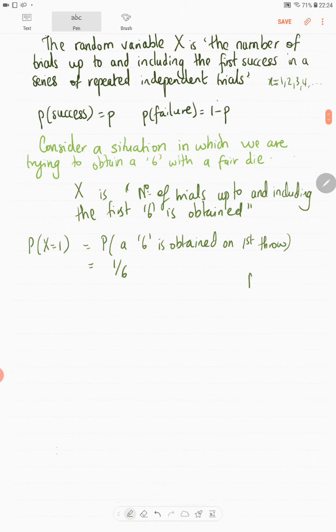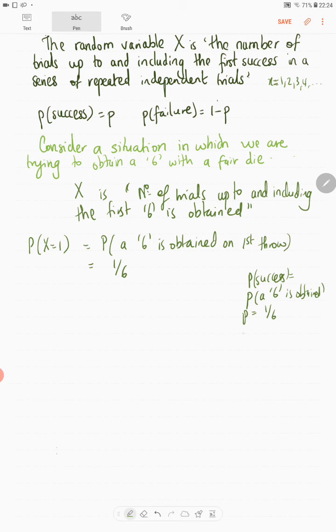So the probability of success here is the probability a 6 is obtained, and p is equal to 1 over 6.